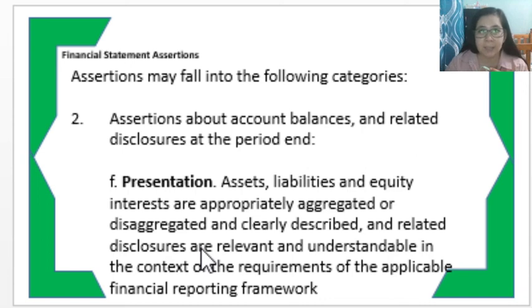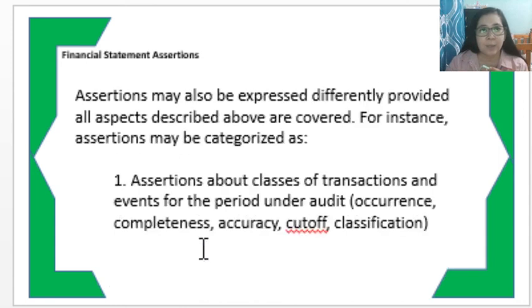So the assets, liabilities, and equity interest are appropriately aggregated or disaggregated and clearly described, as well as its disclosures are relevant and understandable based on the applicable financial framework. So again, this is how the account should be presented in the face of the financial statements based on the standards.